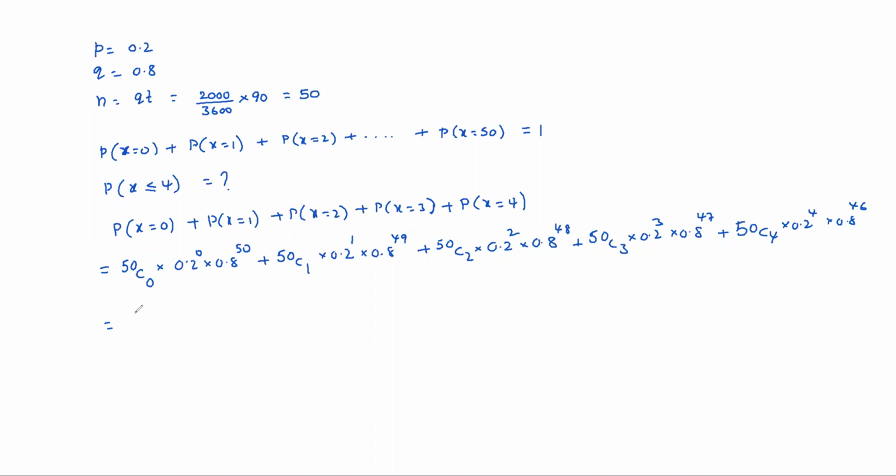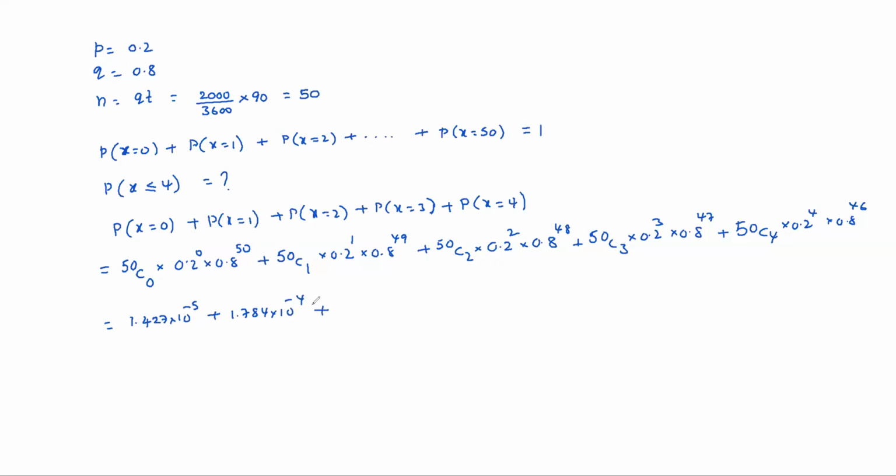The first one is 1.427 times 10 power minus 5, plus the second value, 50 times 0.2 times 0.8 to the power of 49, which is 1.784 times 10 power minus 4. This is also a very small value.